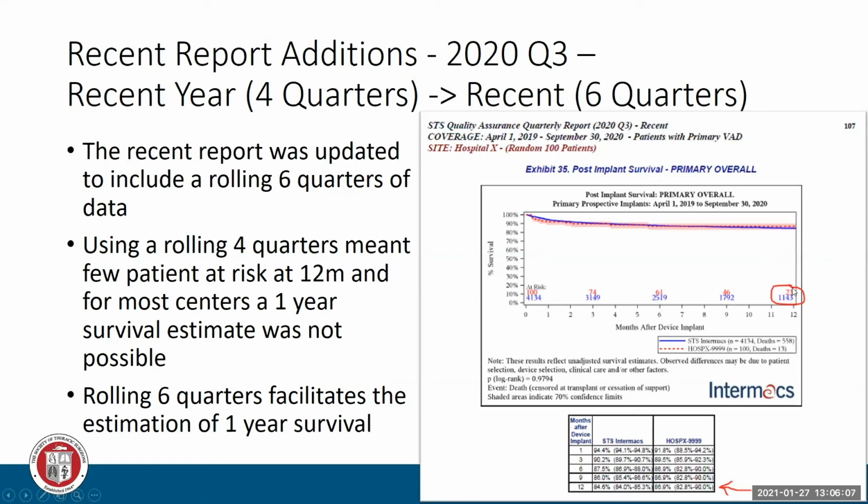And so many sites didn't get a 12-month estimate here. And by expanding to 6 quarters, almost everyone will have that 1-year estimate in really all the Kaplan-Meier exhibits. But that we implemented that and rolled that out. So if you didn't notice, we are now using a rolling 6 quarters on the recent report.